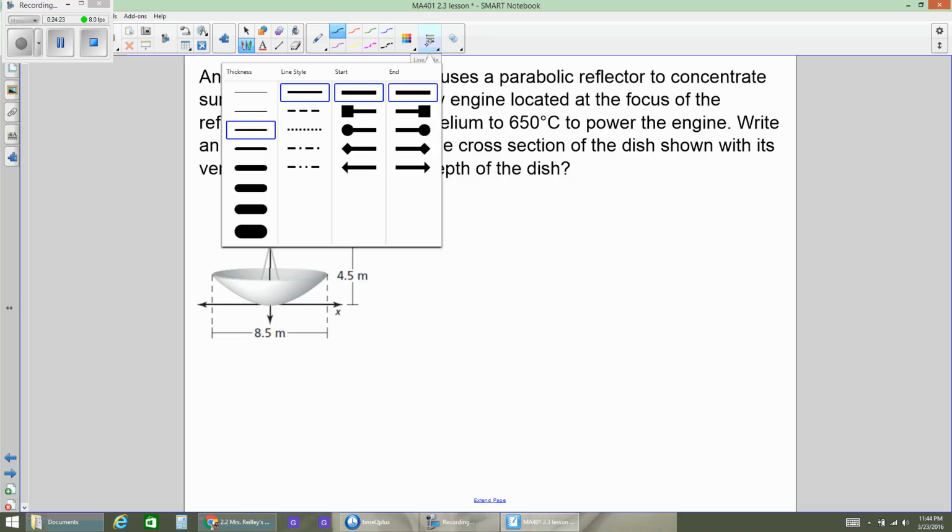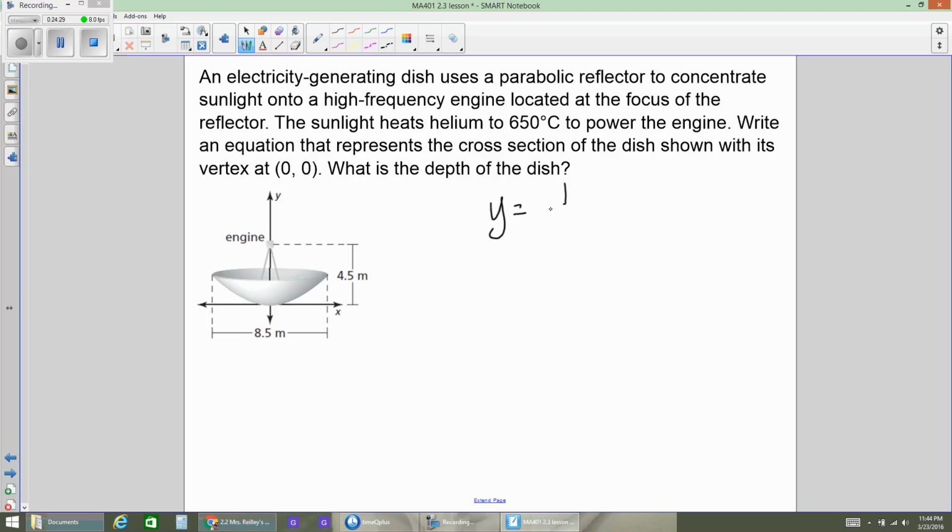Okay, the nice thing here is vertex at 0, 0. That means we know we have y squared equals 1/4p x squared, because x squared faces up. This is obviously facing up. All right. First things first, they gave you this 4.5.